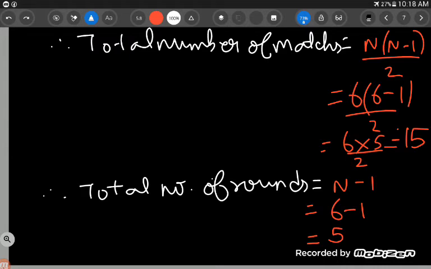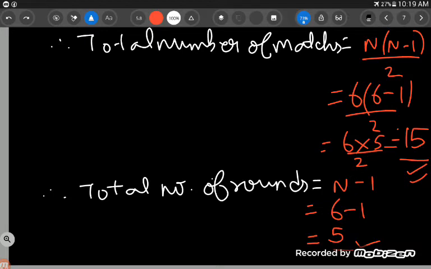Total rounds should not be less than 5 and your matches should not be less or more than 15. Both are fixed. Your rounds are fixed here and matches are also fixed here.